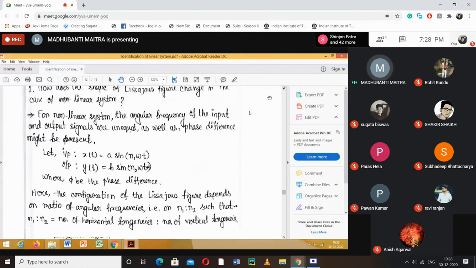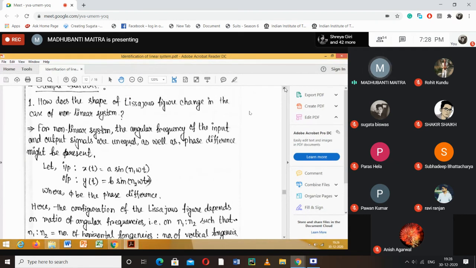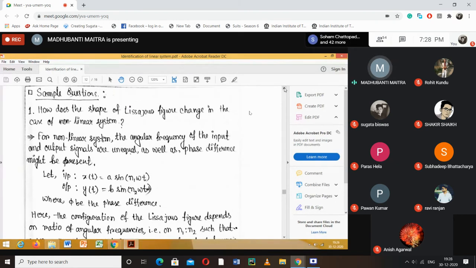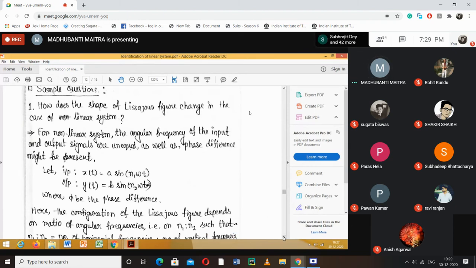This I'm not going to discuss because I've discussed the theory and shown you the table, so you should be able to answer these questions. In case of a nonlinear system, it might so happen that the frequency of the output sinusoid will be different from the frequency of the input sinusoid, which is not the case in a linear time invariant system.